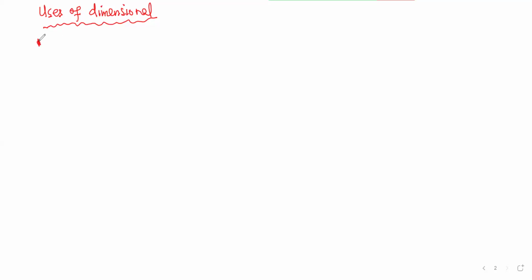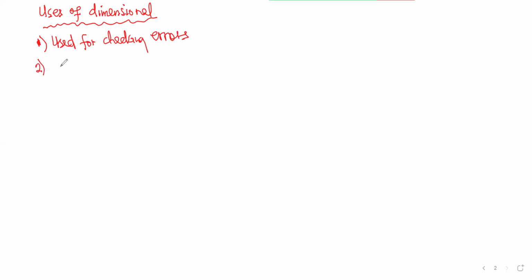Used for checking errors. You are not so far from the truth, but can you be specific, Cromwell? It's used for checking dimensional errors. Justin: Sir, it's used to check the validity of equations.